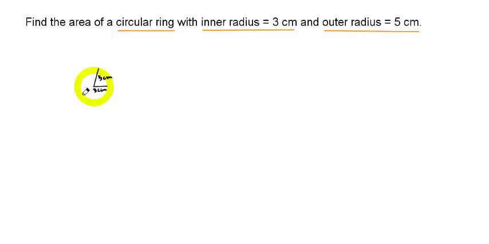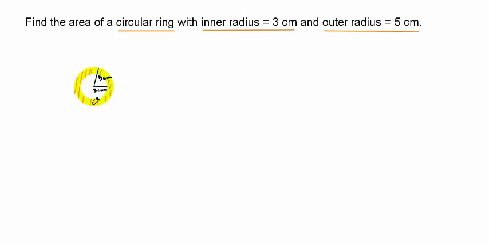We need to find the area of the ring, and that essentially means we need to find the area of this portion, all of this. And the area of that portion is nothing but the difference between the area of the outer circle and the inner circle.